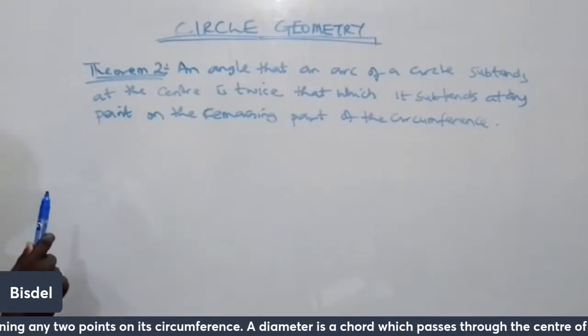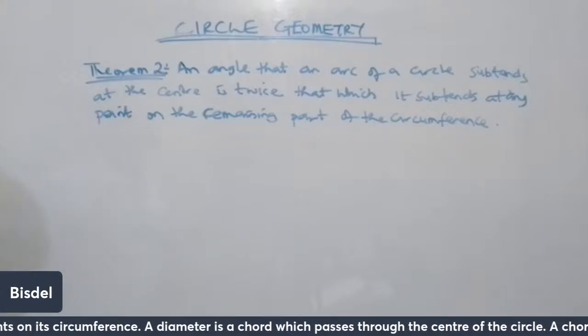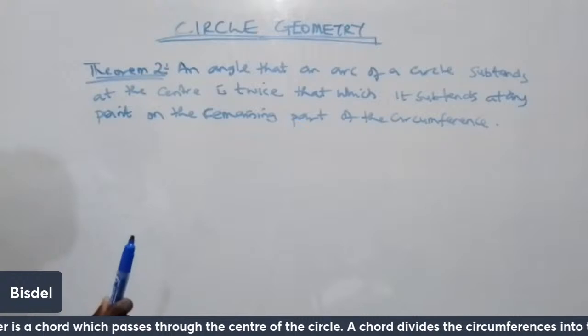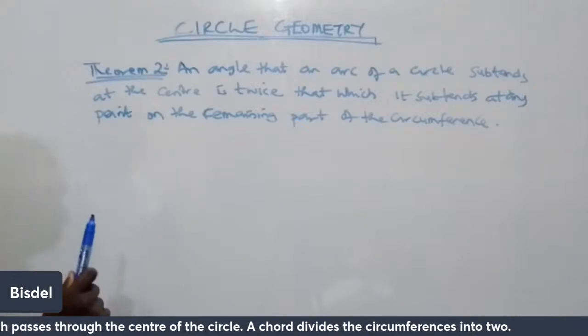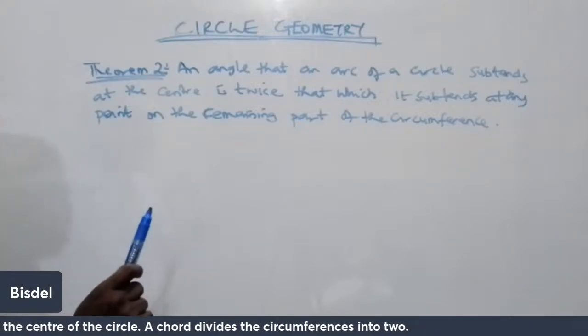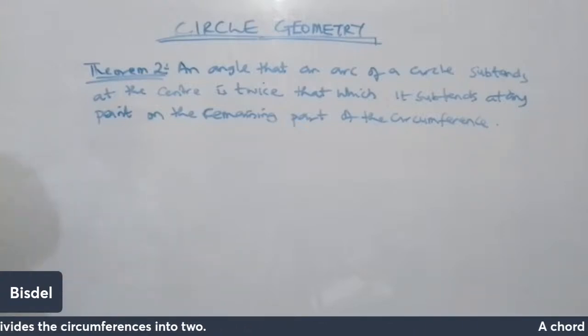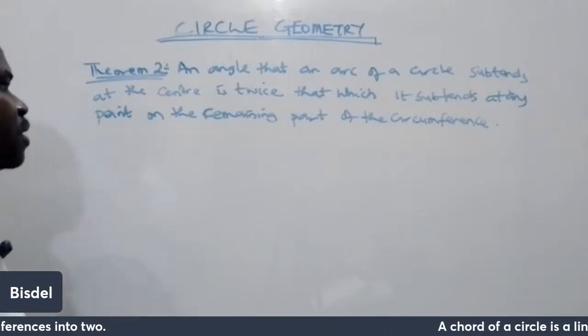So we want to consider the second theorem, and the theorem says that an angle that an arc of a circle subtends at the center is twice that which it subtends at any point on the remaining part of the circumference.